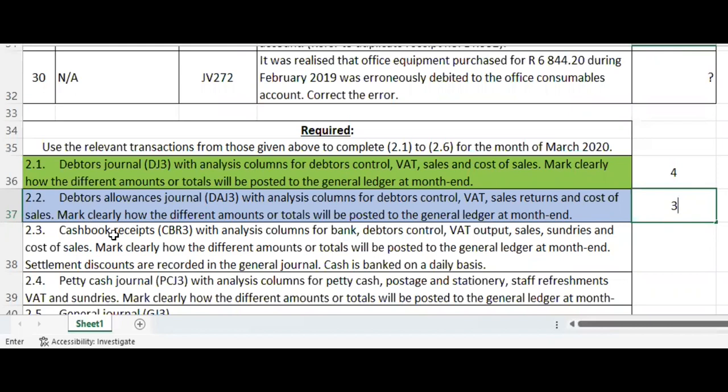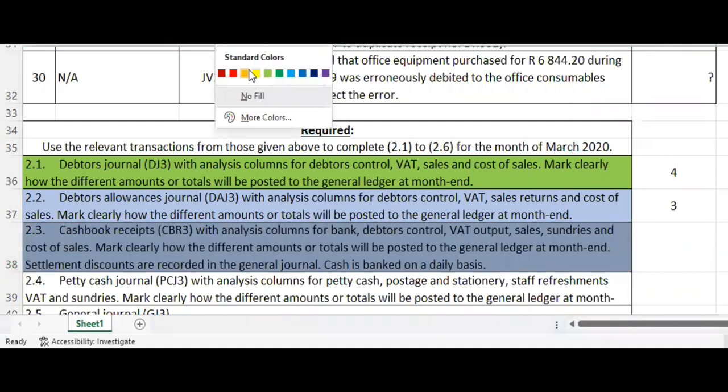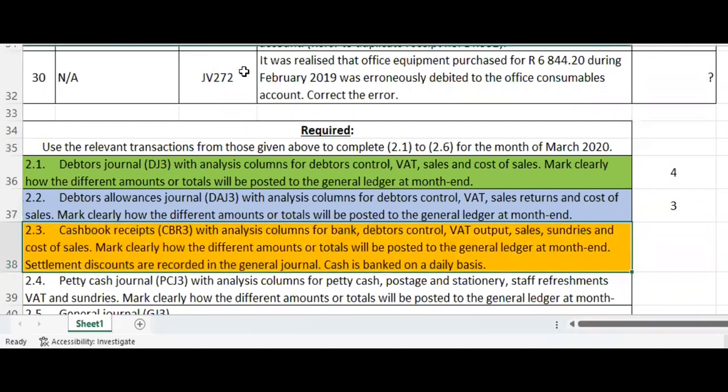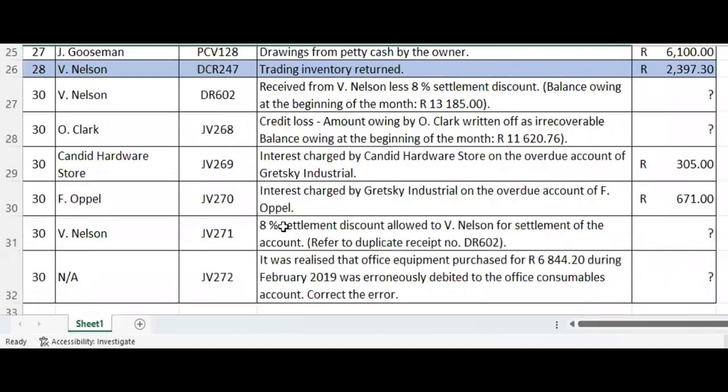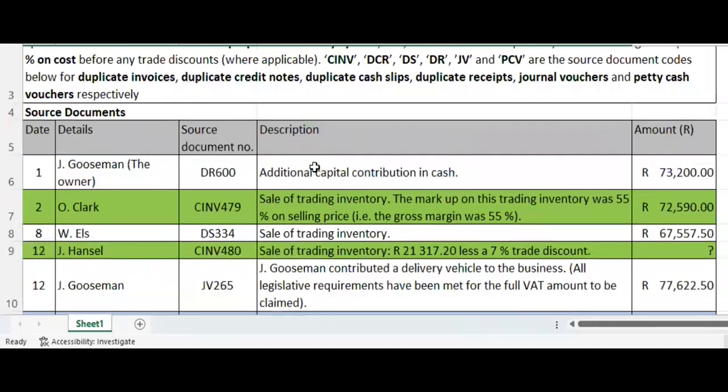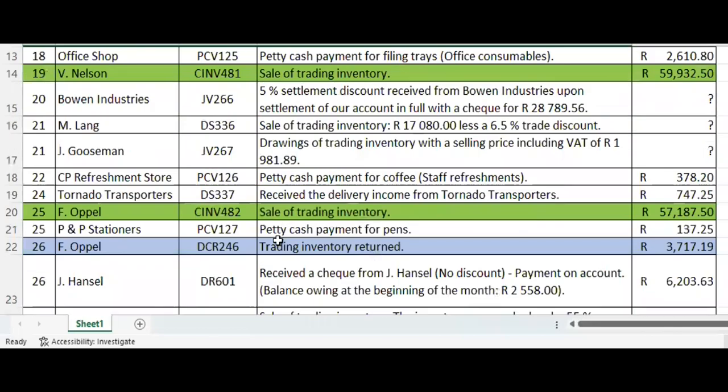Next thing you have to do is you need to complete the cash book receipts journal. For the cash book receipts journal, we can expect we're going to use 2 source documents, but let's just pick a color first. This orange seems fine. Now we are going to identify all the source documents that relate to our cash book receipts.